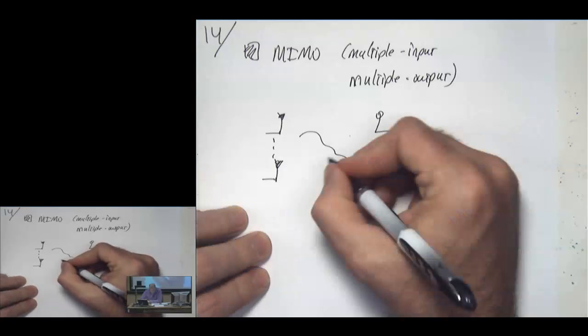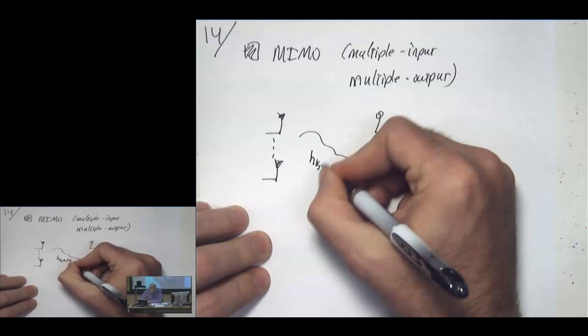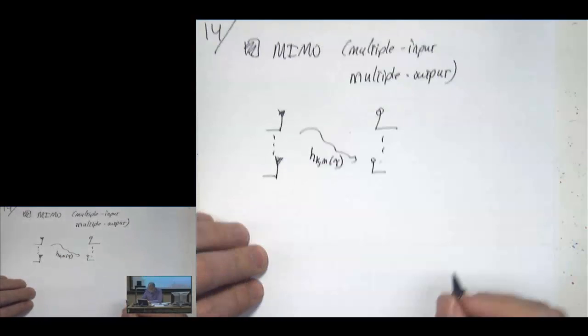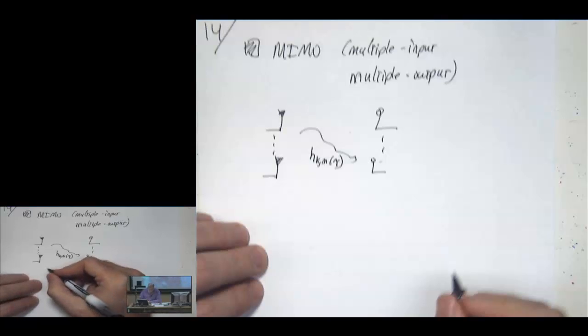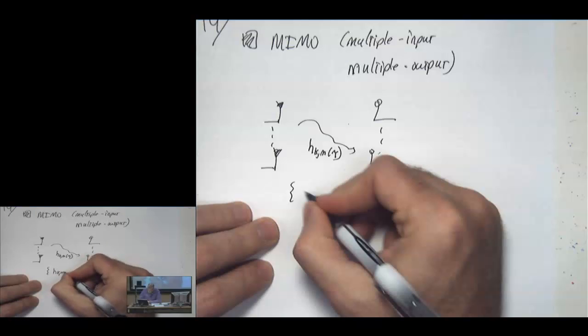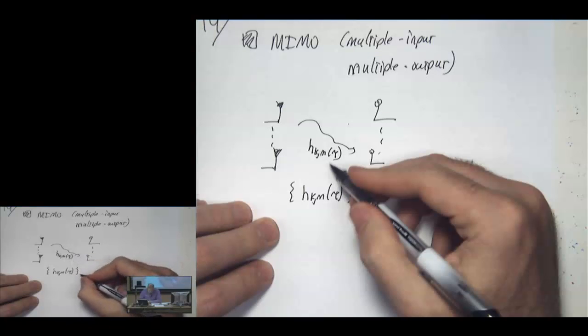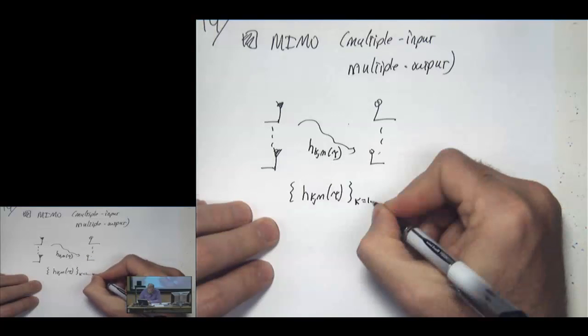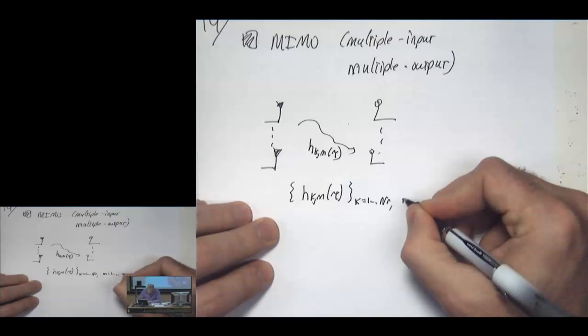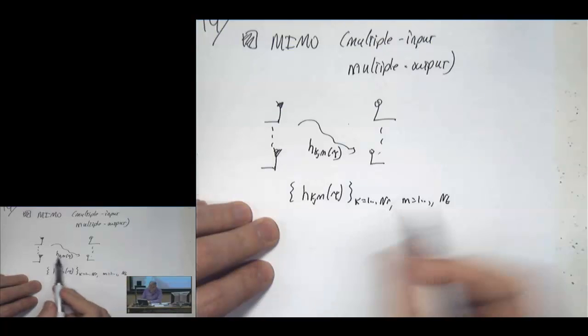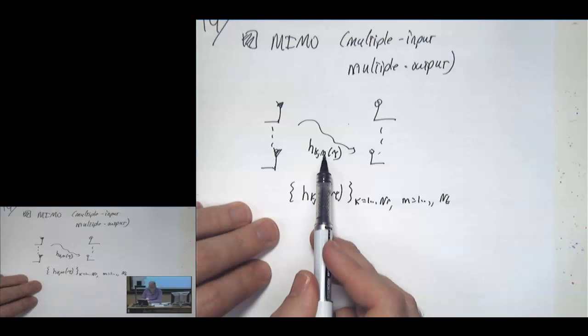In general, that may be something like h_{k,m}(tau), and the entire collection of channels is this multivariate impulse response. The way I index here is k equals 1 through NR, m equals 1 through NT. So h_{k,m} is the channel from transmit antenna m to receiver k.